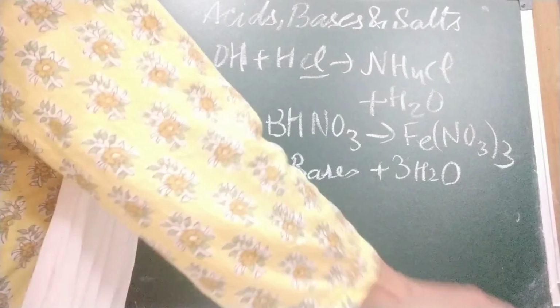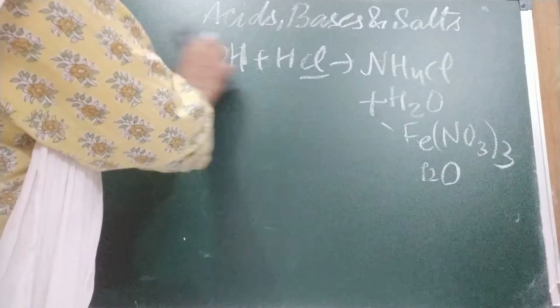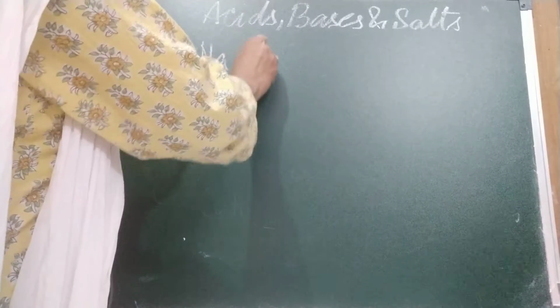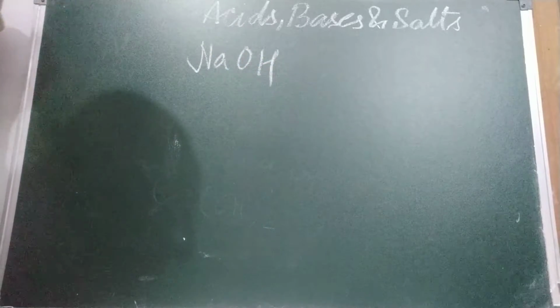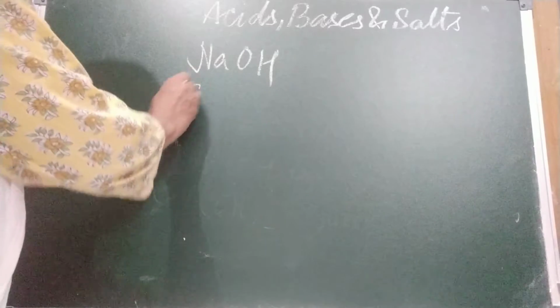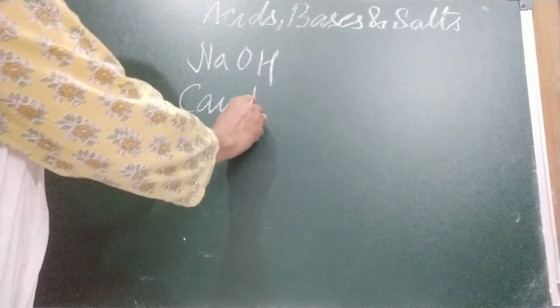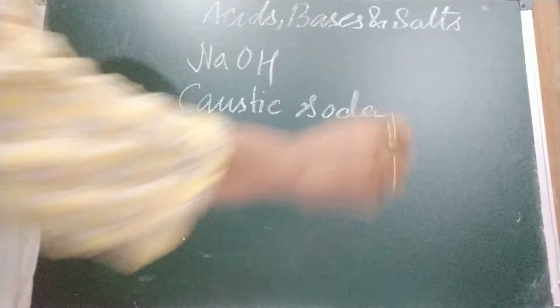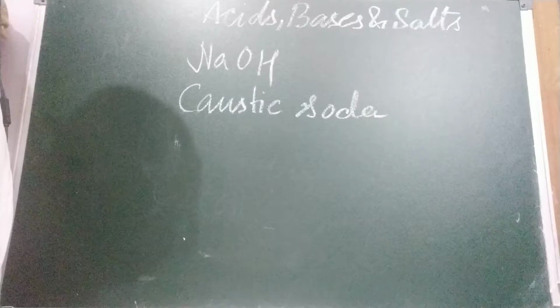Now next, uses of sodium hydroxide. Very important. Sodium hydroxide is a very strong base, commonly known as caustic soda.